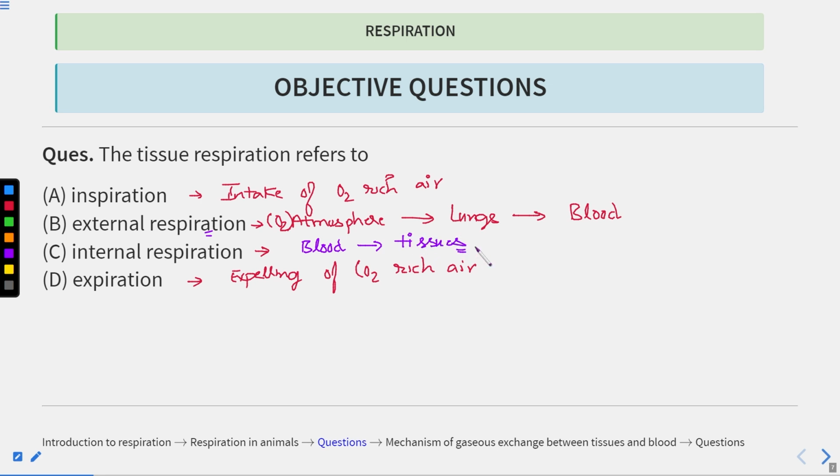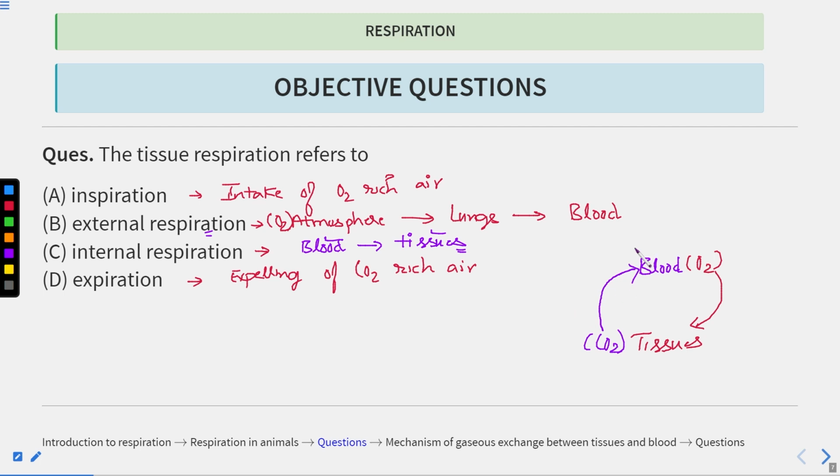This oxygen diffuses into the tissues, and the tissues are producing carbon dioxide, which then enters into the blood.